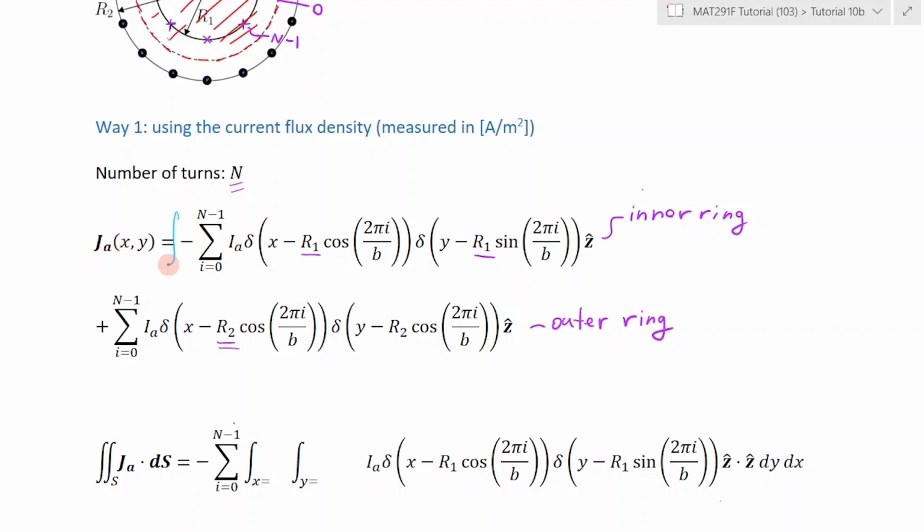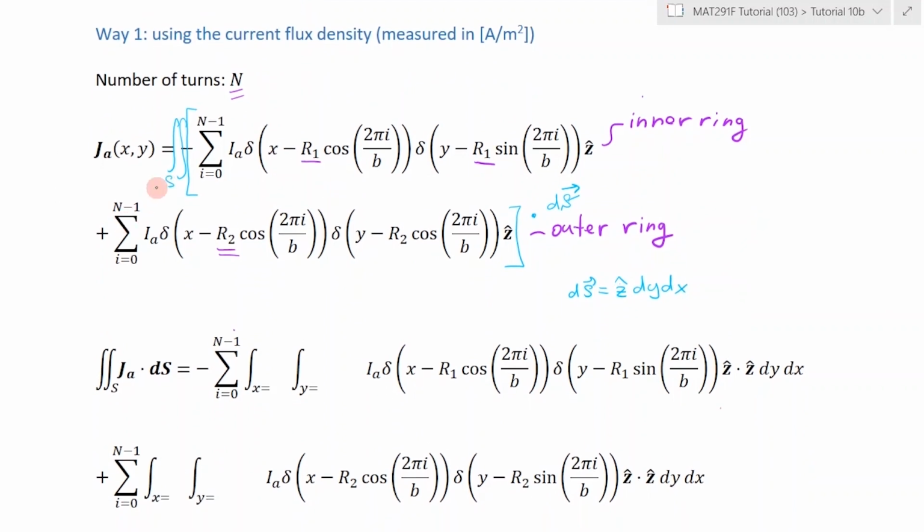What I did is I integrated over the surface and then took a dot product with ds. ds is equal to z hat dy dx, and our integration is going to be over y and x.